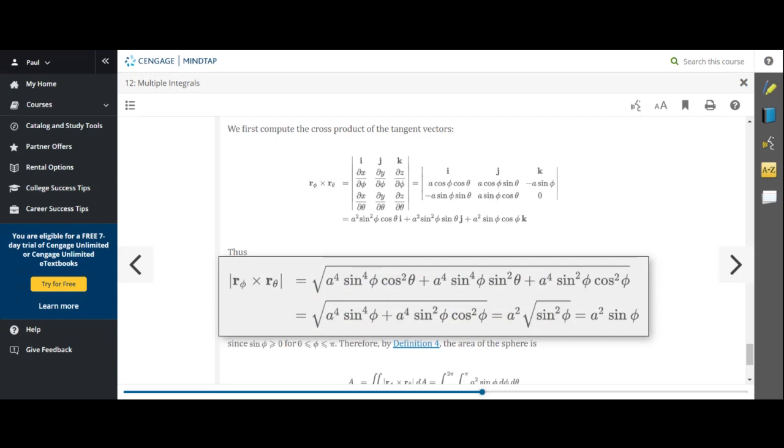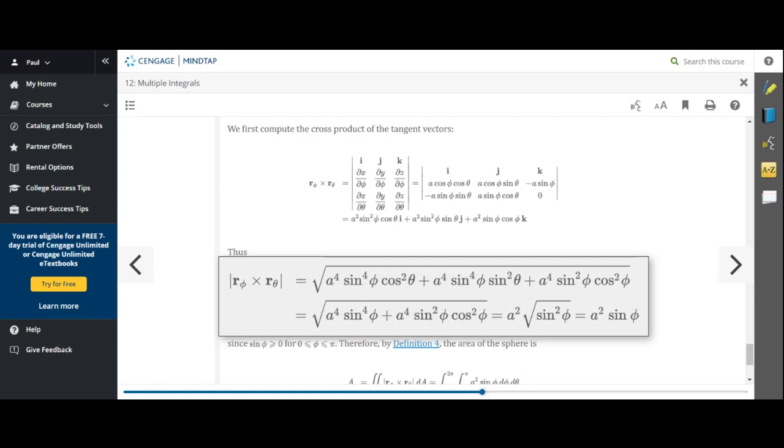So is everybody okay with how they did this? The first two terms, they factor out an a to the fourth times the sine to the fourth of phi, and that factor is multiplied by the sum of cosine squared and sine squared of theta. Well, that just equals 1. So you get a to the fourth sine to the fourth of phi.